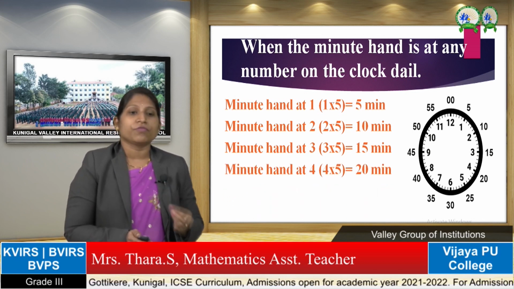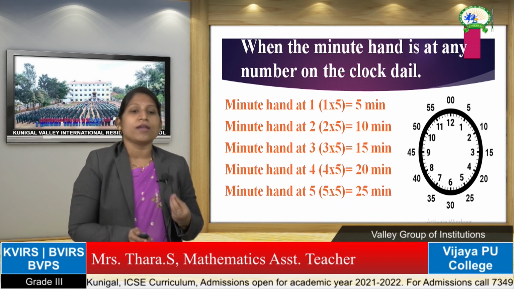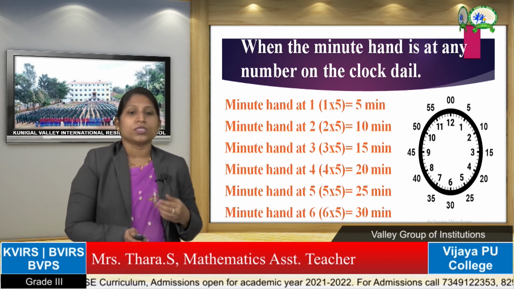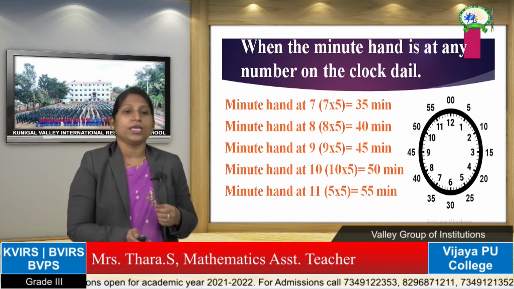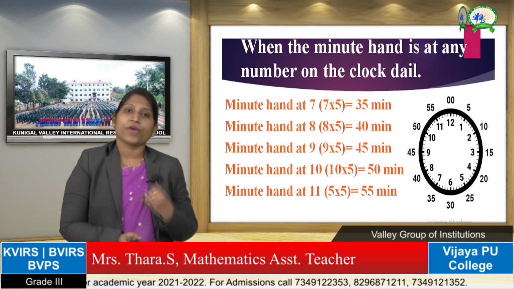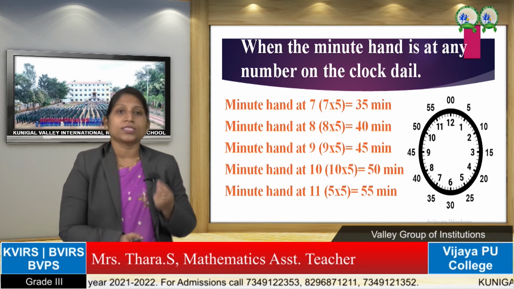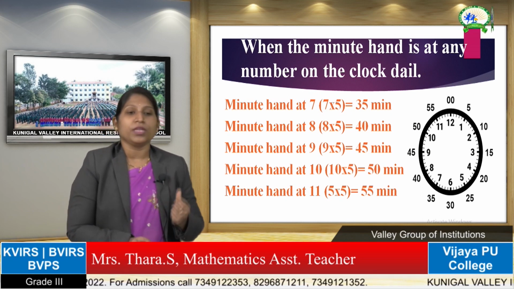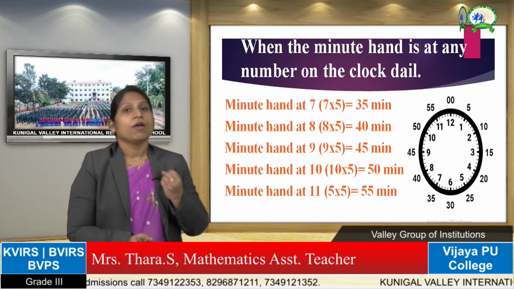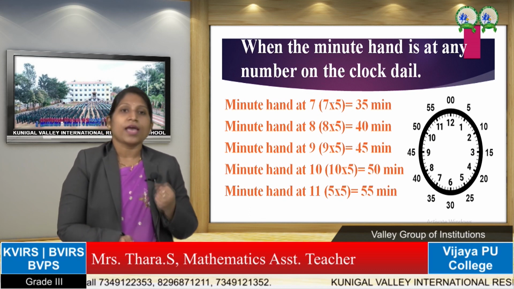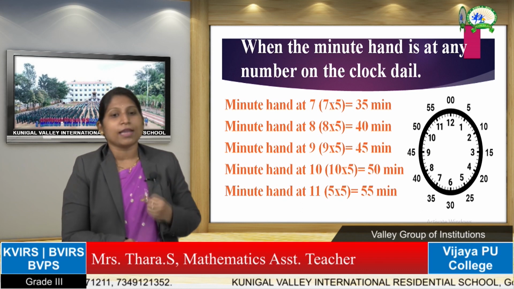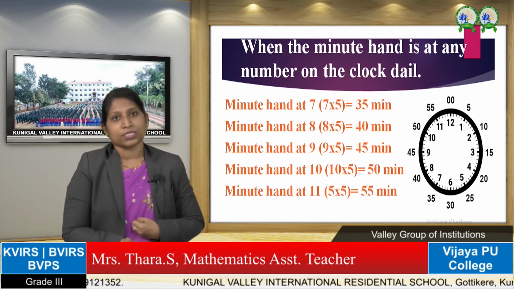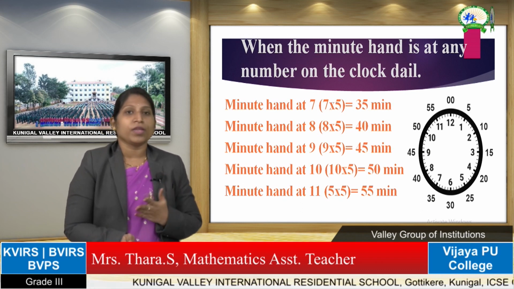Minute hand at 4 is 20 minutes, at 5 is 25 minutes, at 6 is 30 minutes, at 7 is 35 minutes, at 8 is 40 minutes, at 9 is 45 minutes, at 10 is 50 minutes, at 11 is 55 minutes, children. Keep remembering this.